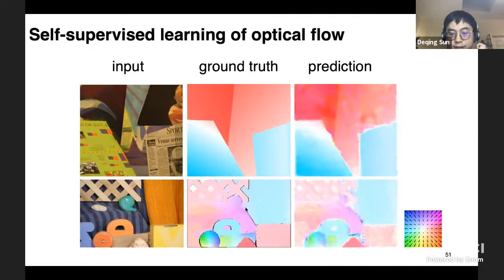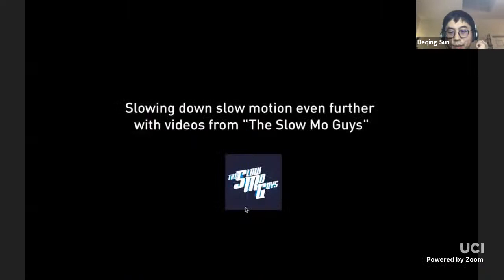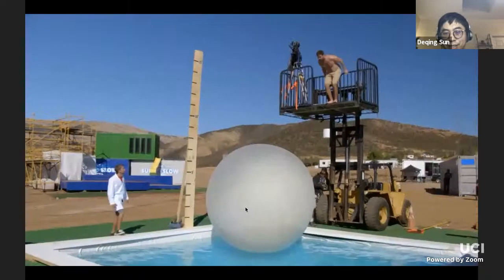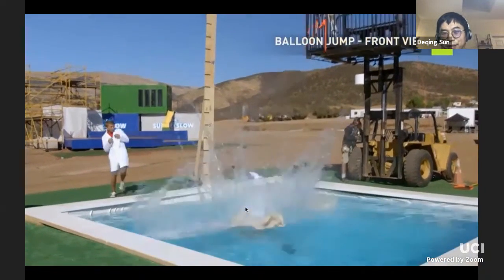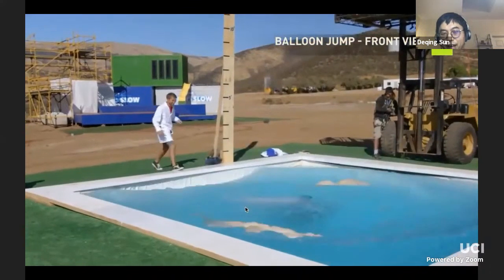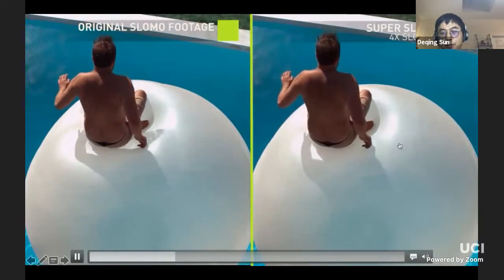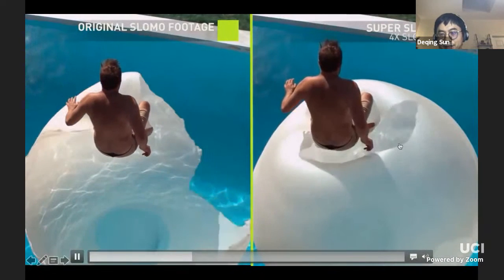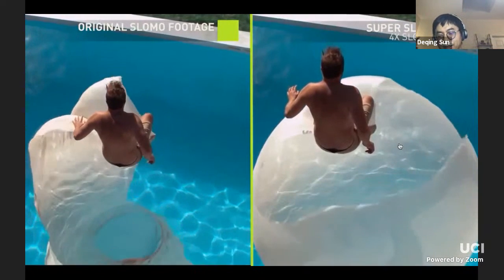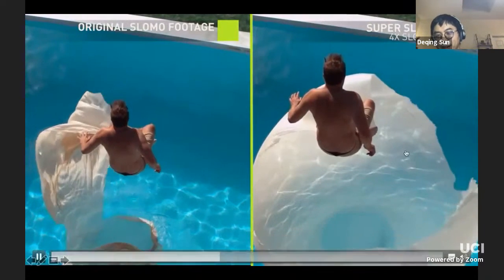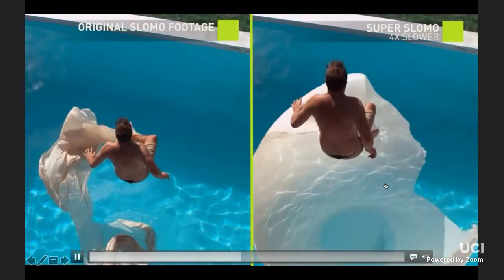And another benefit is we can apply this interpolation method for different interesting purposes. For example, we can slow down slow motion video that's already captured by high frame rate cameras. So when we further slow down, we can much better see the temporal dynamics, how the balloons are blown up.